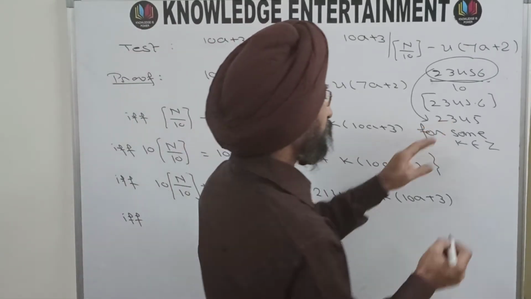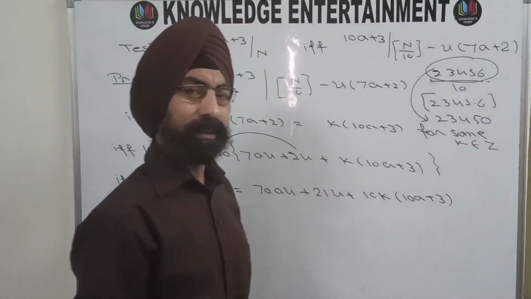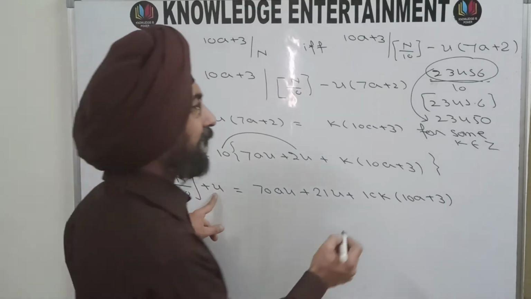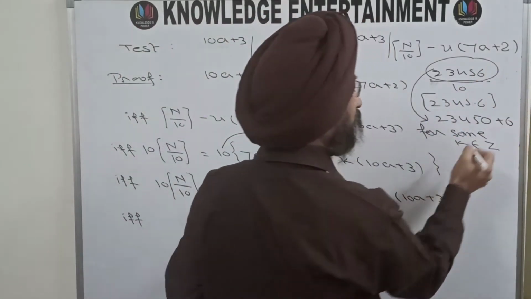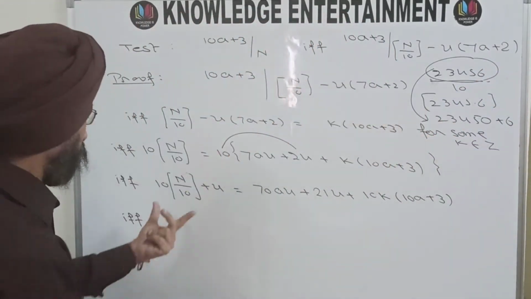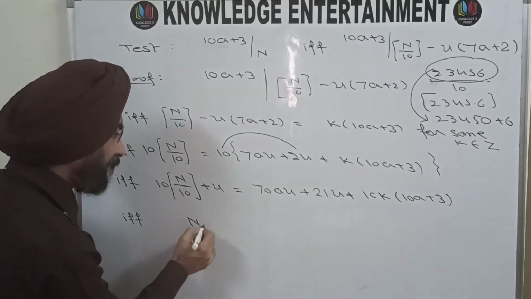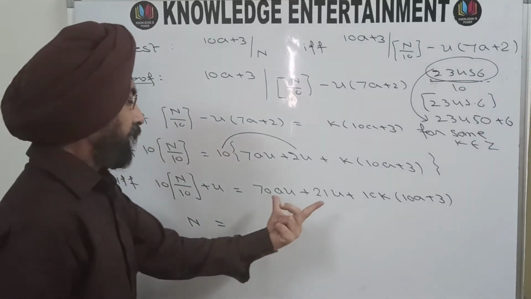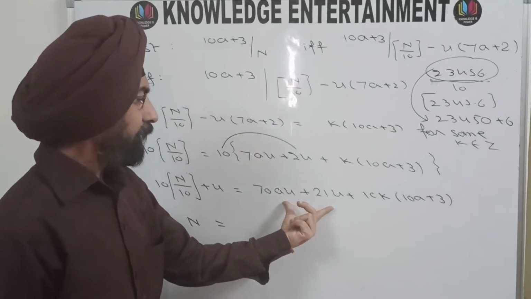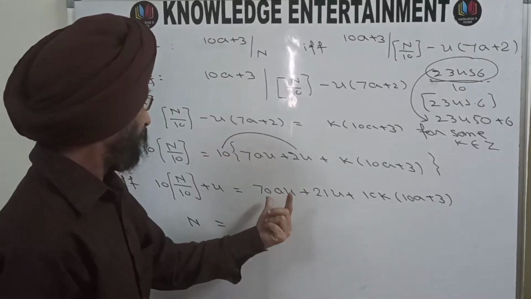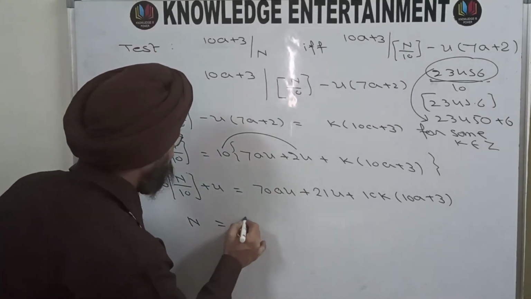Multiplying it by 10, you will get once again 0 here, and then you have added the last digit 6. So what you will get is the original number. So it will be your original number n is equal to, here you can take something common. I think 7u can be taken as common.